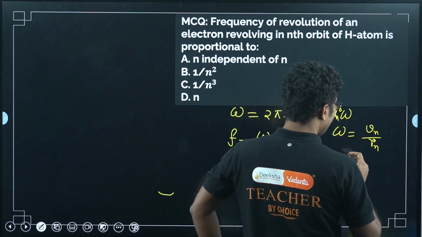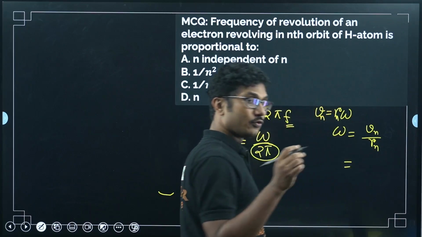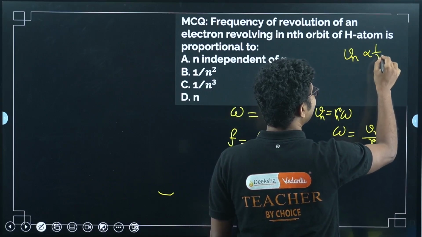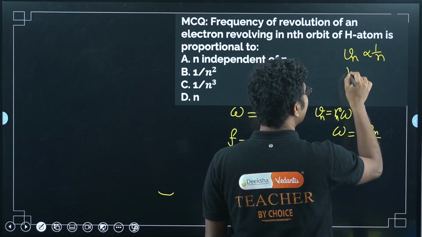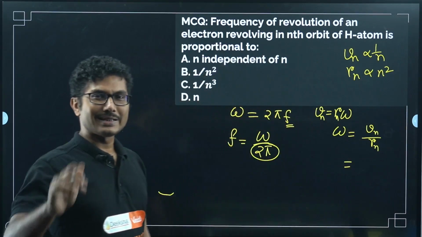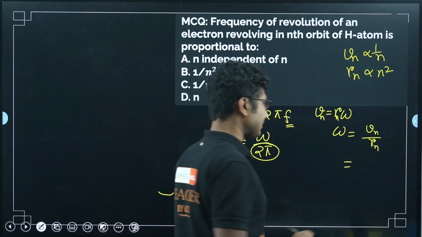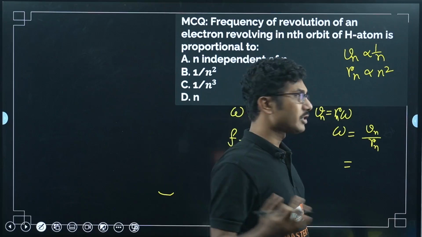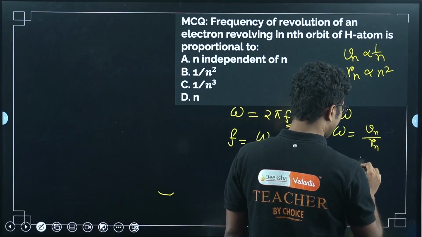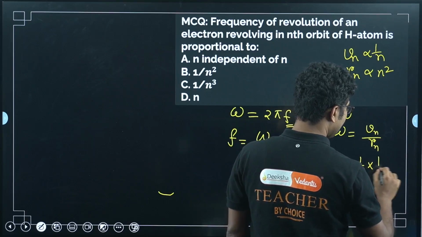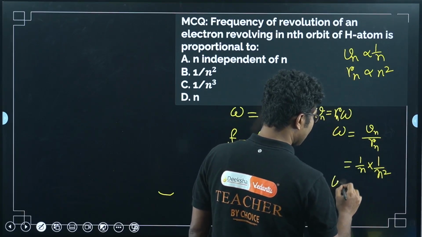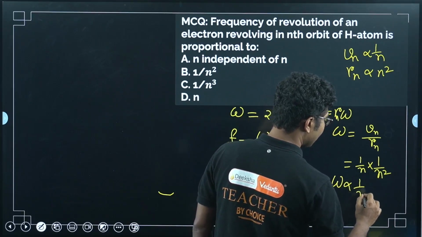I told you Vn is proportional to 1 by n, and also Rn is proportional to n square. That's why I said for KCET you don't need to remember the exact expressions. If you know the proportionality relations, you can answer all the questions. So Vn is 1 by n and Rn is in the denominator, proportional to n square, so omega is proportional to 1 by n cube.